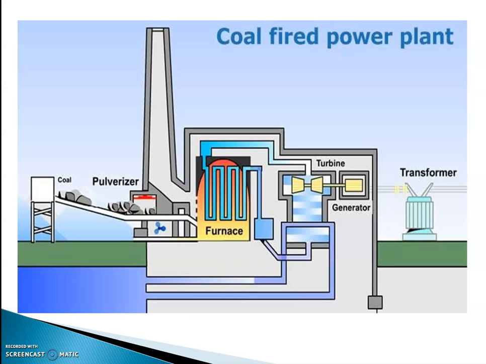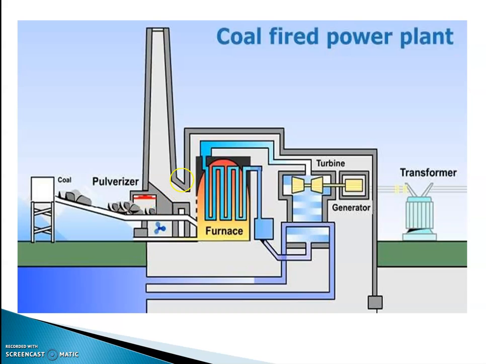Before we discuss the steam boiler, first of all you should know the introduction to the thermal power plant. From a statistical survey in India, electricity generation is from coal 59%, natural gas 10%, nuclear power plant 2%, renewable energy sources 12%, and hydroelectric power generation 17%.